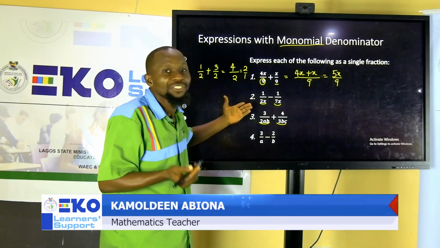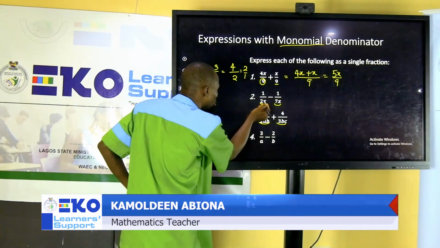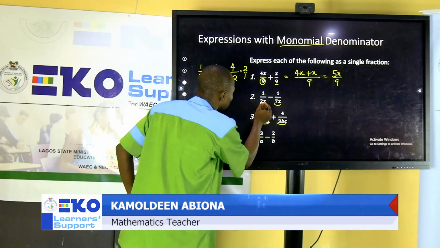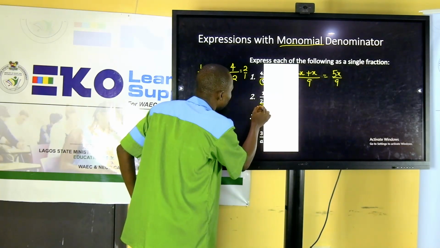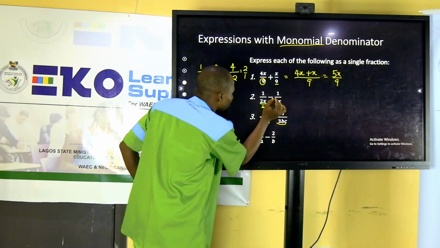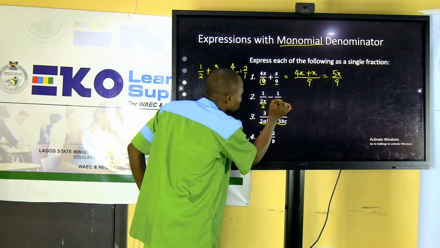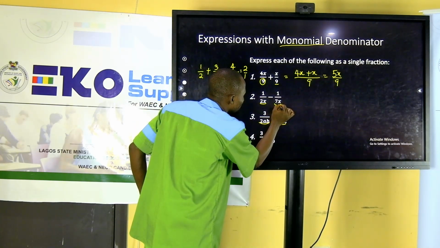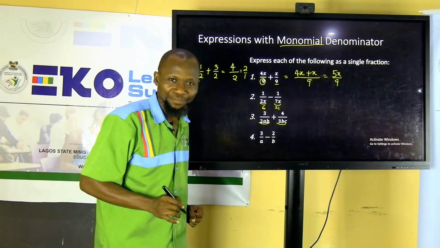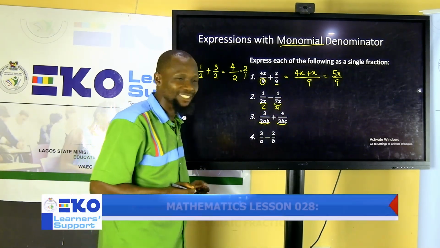For example, if it is 3, it means 2x will be what? 2 times 3. And that is 6. Okay? That is if x is 3. If x is 3, 7x will be what? 7 times 3. That is 21. So you can see that the denominators are not the same.